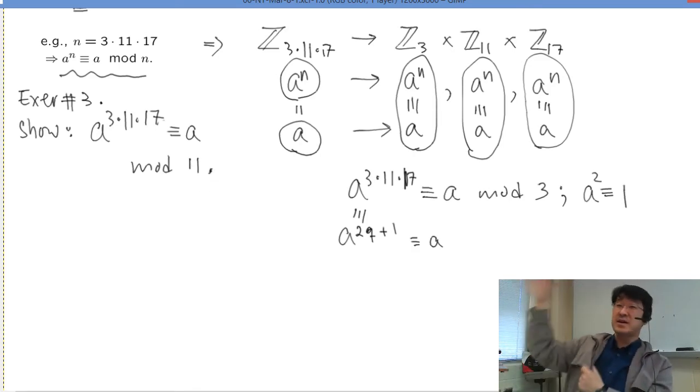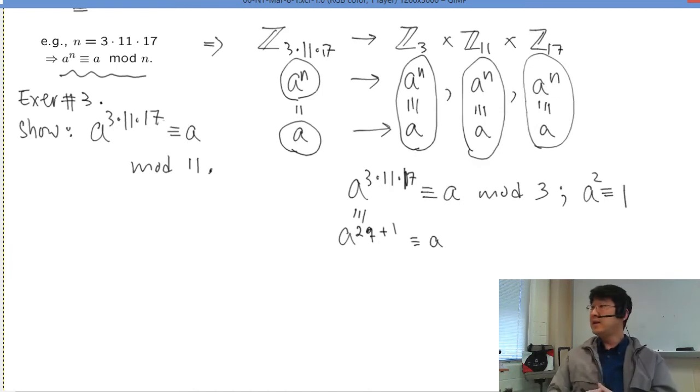You play with 10 in the exponent: anything that's a multiple of 10 will disappear, just as multiples of 2 disappeared before.